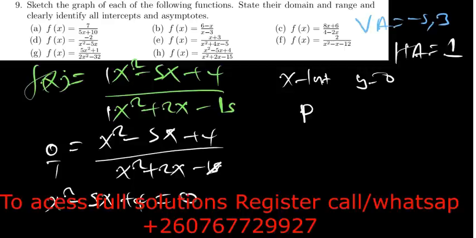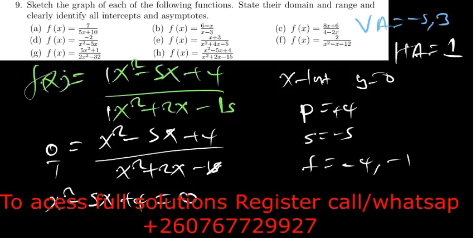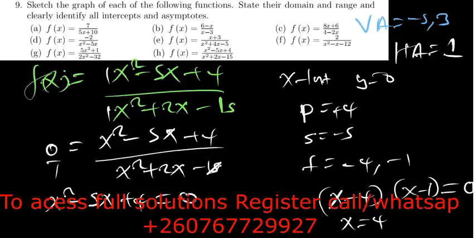So I'll have my product, positive 4, sum negative 5, factors, I believe, are negative 4 and negative 1, because negative 4 minus 1 is negative 5, negative 4 times negative 1 is positive 4. So x minus 4, x minus 1 has to be equal to 0 because we are finding the x-intercept. So x will be equal to 4 and x will be equal to 1.